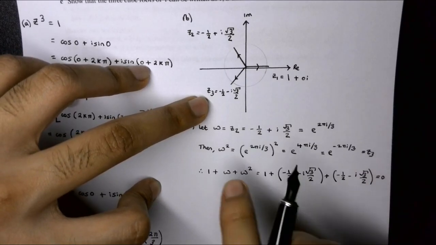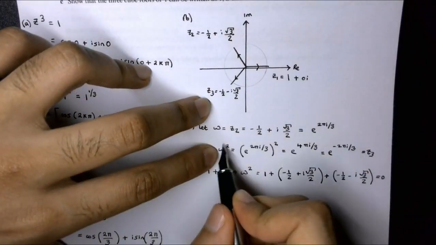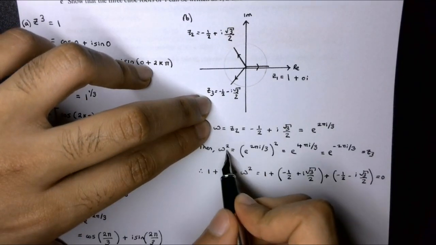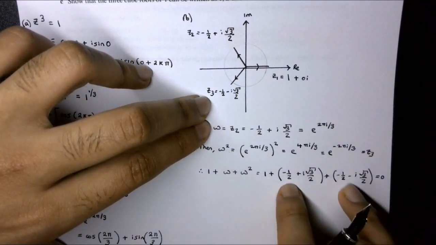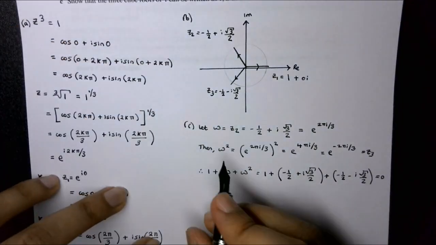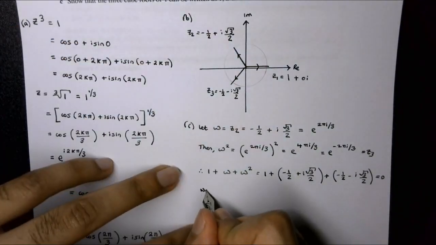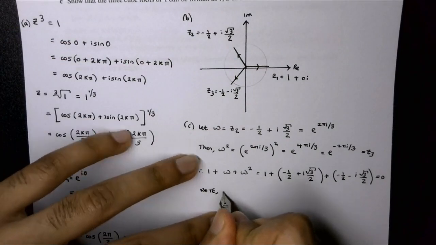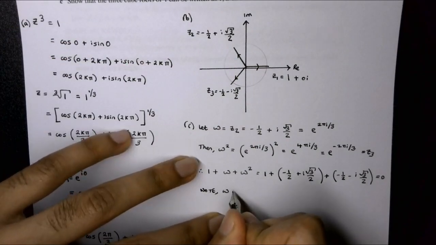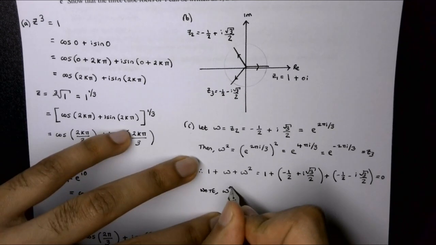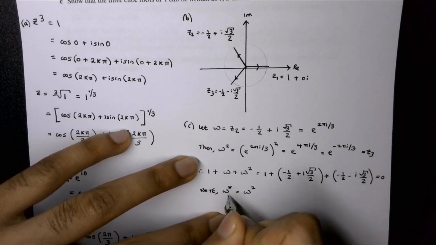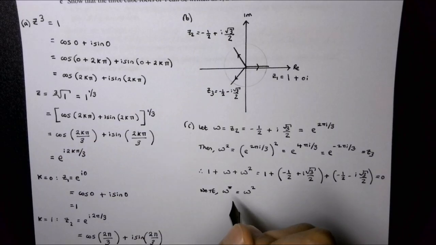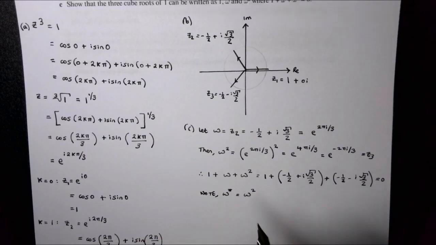Now, hopefully you can see here, if we take a look at omega and omega squared, these are complex conjugates of one another. So let's just make a note: omega squared is equal to the complex conjugate of omega. So that's quite a useful result.